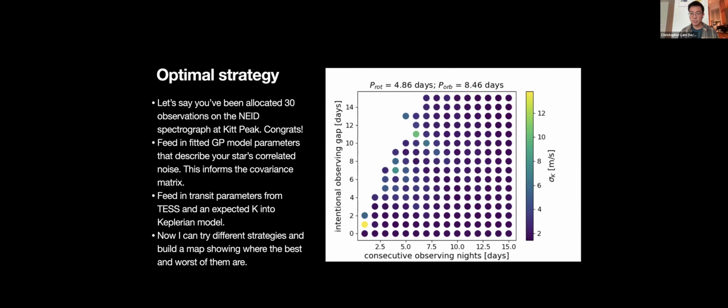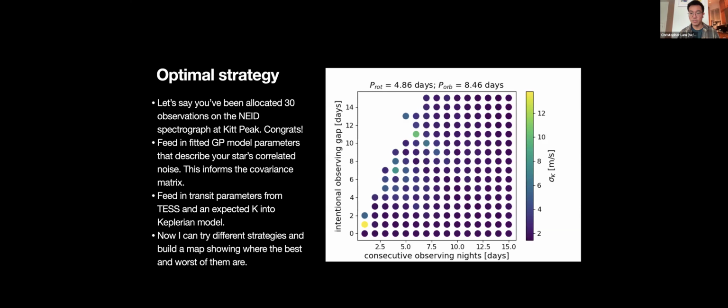On the x-axis, it's the number of continuous or consecutive observing nights, and the y-axis is the number of intentional gaps, perhaps, to try to lengthen the baseline if that's something that you want to do. So at 10, 2, it's observe 10 nights, take a break for 2 nights, observe 10 nights, take a break for 2 nights, until you've exhausted your budget of observations.